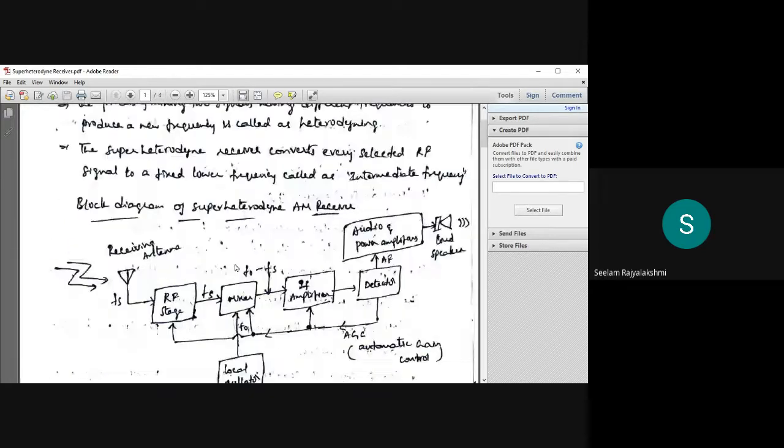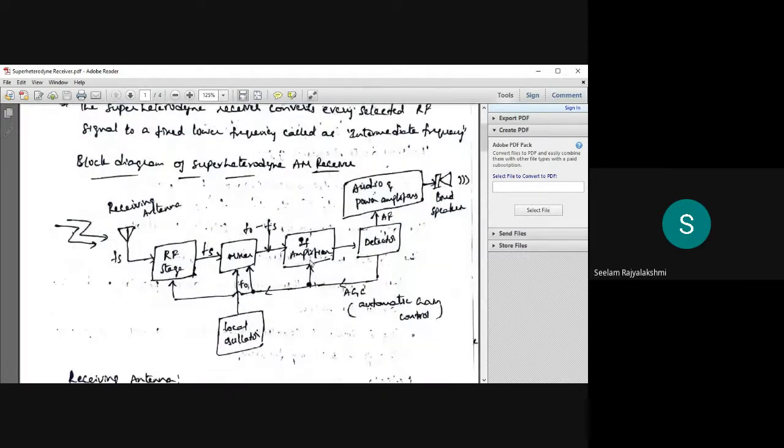Now let us see the intermediate frequency amplifier, or IF amplifier. Out of the four frequencies produced by the mixer, f naught, fs, f naught plus fs, and f naught minus fs, this IF amplifier selects only the difference component, that means f naught minus fs.